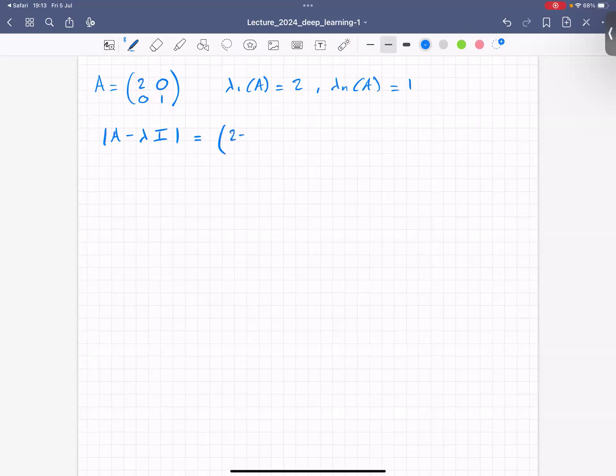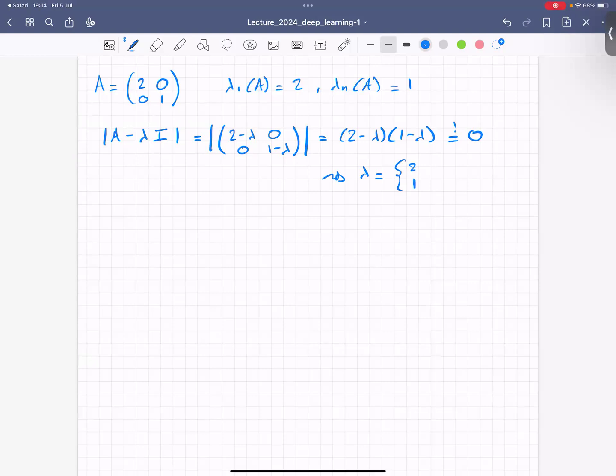So here we have 2 minus lambda, 0, 0, and 1 minus lambda. And again, we want the determinant of this matrix. So this is simply equal to 2 minus lambda times 1 minus lambda. And again, we want to set this to 0, right? So it's clear that I have two solutions, right? I have lambda equal 2 is a solution and lambda equal 1 is a solution.